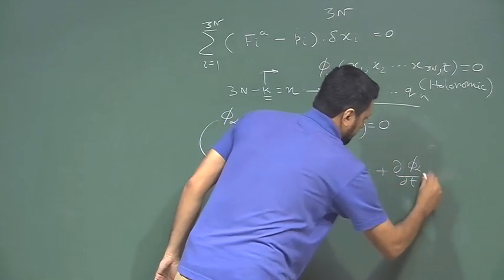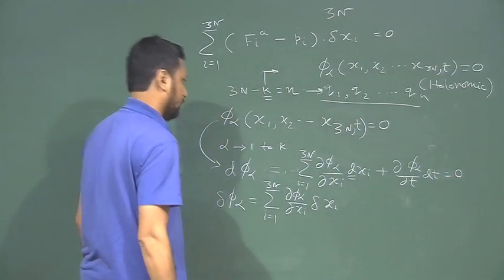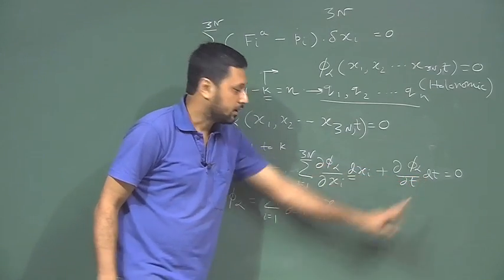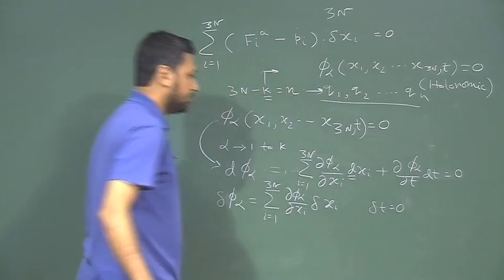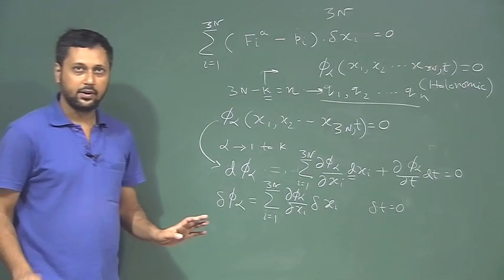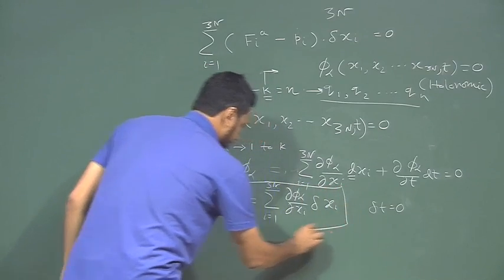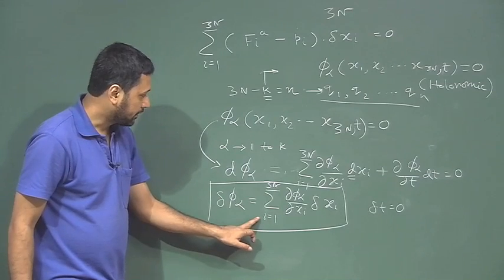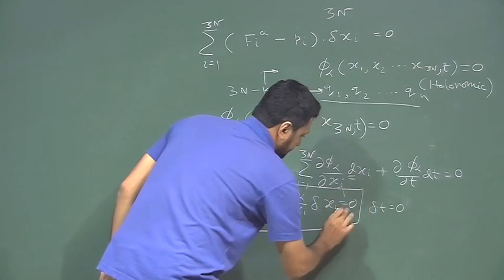There is also the del phi del t dt term. This term goes to 0, as delta t for any virtual displacement is equal to 0. So this is a straightforward outcome of the constraint equation, and it is equal to 0.